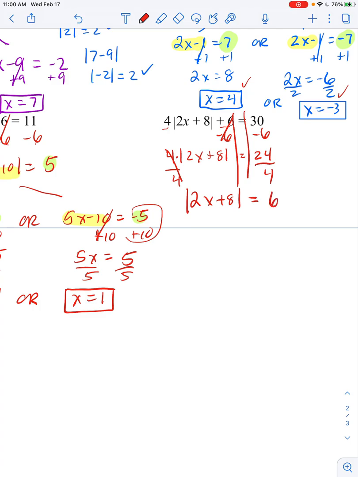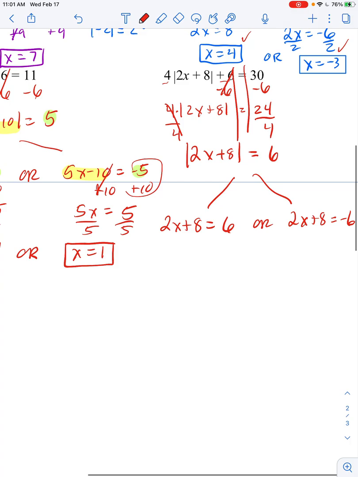Now that I have just the absolute value, I'm going to go ahead and split these up. Keeping in mind that I never change what's in the bars, I just let it equal 6, or I take what's in the bars and let it equal negative 6. Because whether I have 6 in here, it'll come out as a 6, or if I get negative 6 inside the bars, it'll still come out as this 6 I'm trying to get.